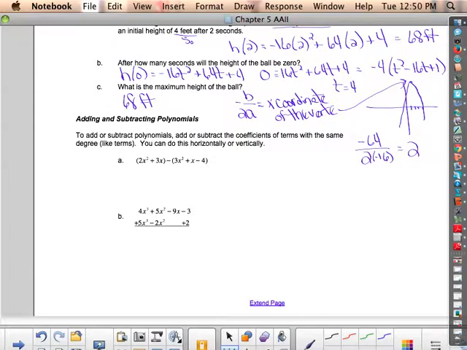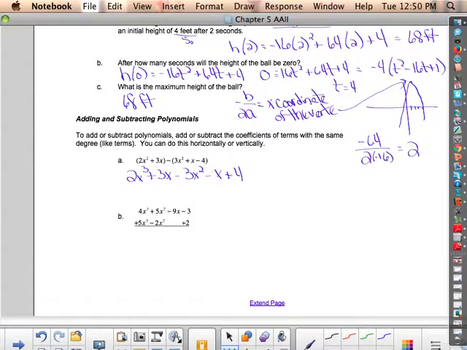We're also going to add and subtract polynomials. There is both a horizontal method for subtracting and a vertical method. You can do whichever you choose. I'm going to show you both. So for problem A, I have 2x to the third plus 3x minus 3x squared minus x plus 4.